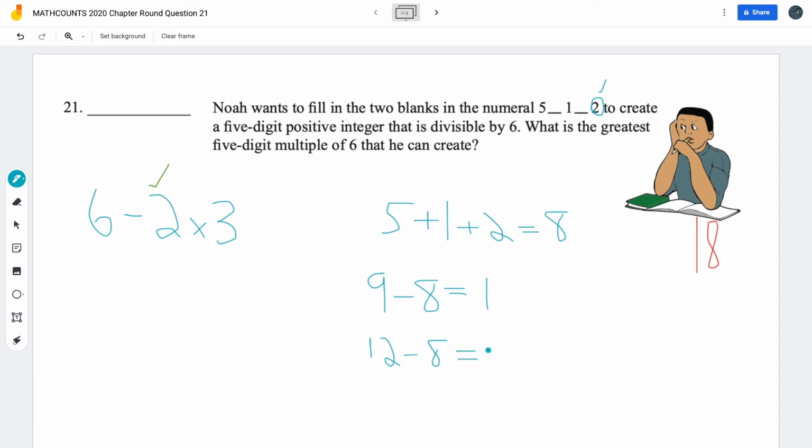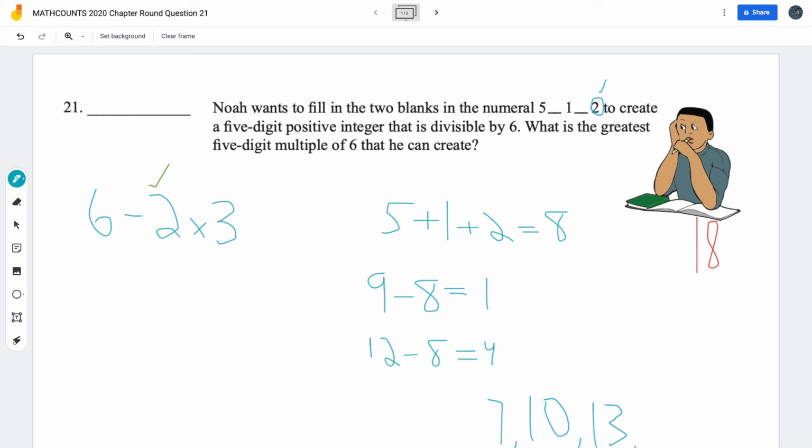If you add 3 to the 9 to get 12, you add 3 to the 1 to get 4. So then you can keep going: 15 minus 8 is 7, 18 minus 8 is 10, 21 minus 8 is 13. We're still not over 18, and we want to get as high as we can because it's the greatest positive integer that we can get.